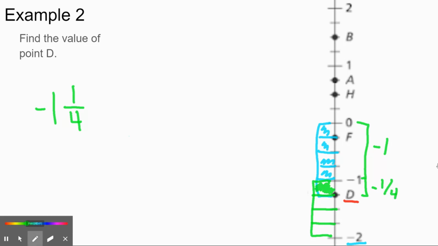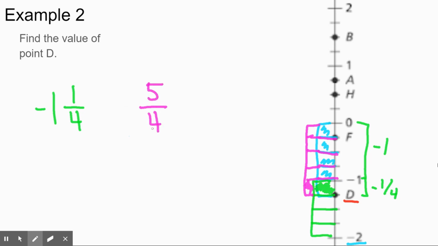The other way to do it is using what we drew earlier. We can still draw our box like this. And as long as we remember that these are representing fourths, we can still do that. So we'll have 1, 2, 3, 4, 5 fourths. And that would still be an acceptable answer, as long as we make sure that it's negative.